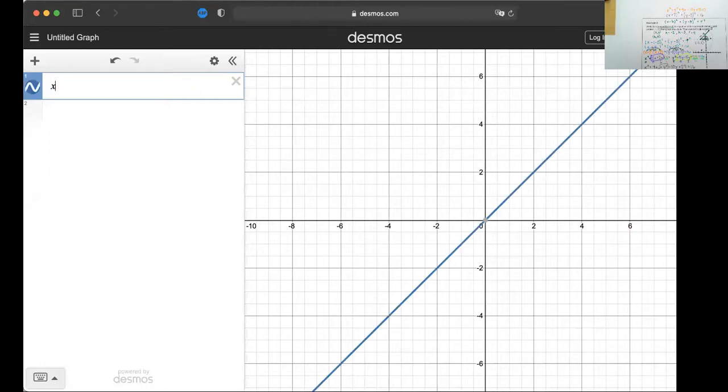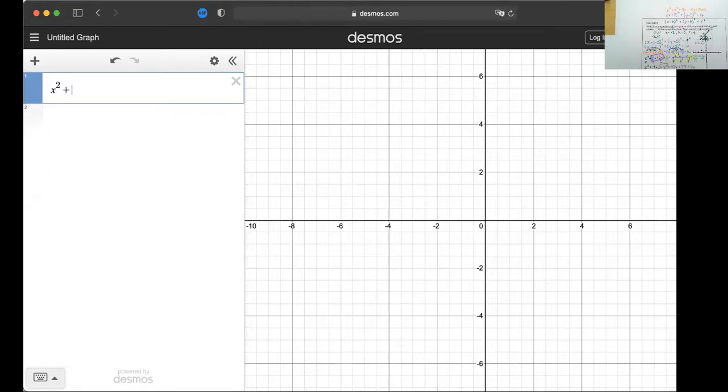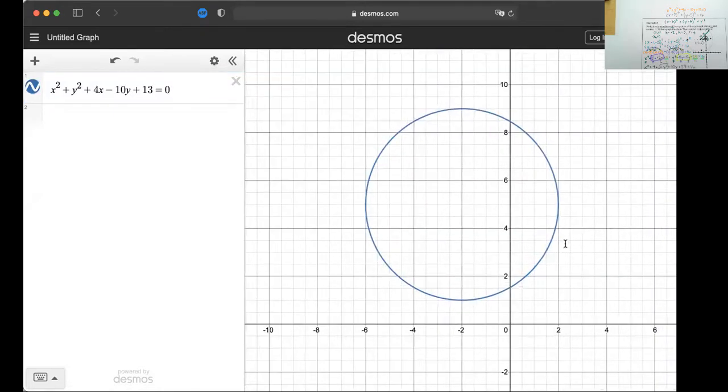So we have x squared plus y squared plus 4x minus 10y plus 13 equals 0. And then I will put it in standard form.